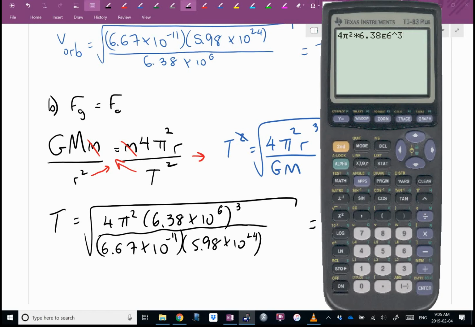On mine, I know I don't need brackets if I use scientific notation. You'll have to play around with your calculator and see how your operating system works. Divided by bracket 6.67 times 10 to the negative 11 times 5.98 times 10 to the 24th. That's way too big. Square root of that, and you should get 5,070 seconds.